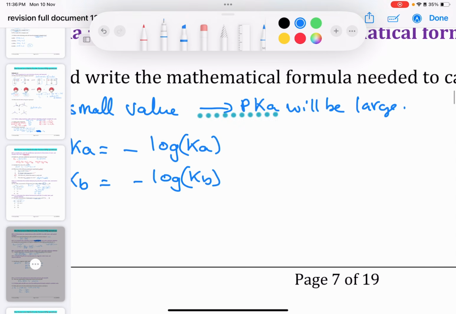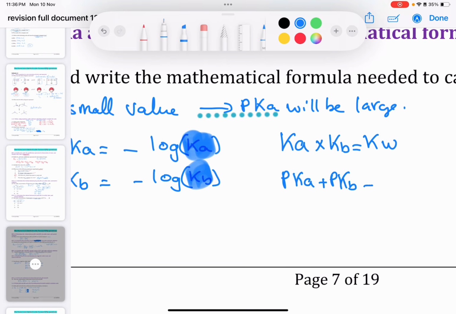Now, you need to know that if I multiply Ka by Kb, I'll get again Kw. And if I add pKa plus pKb, I'll get pKw, which is equal to 14. And this one is equal to 1.0 times 10 to the power negative 14 if the temperature is 25 degrees Celsius.